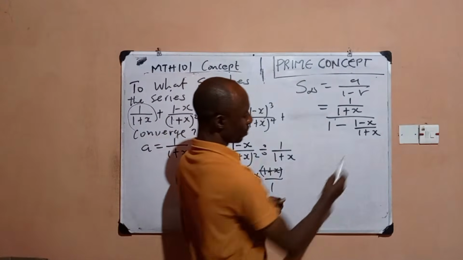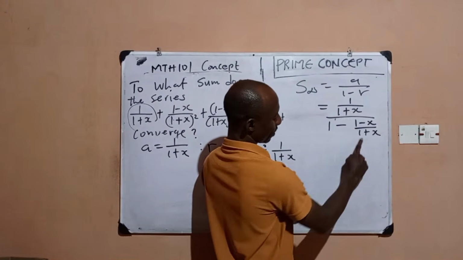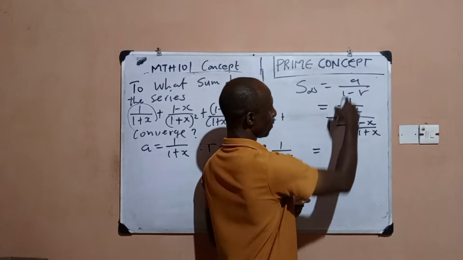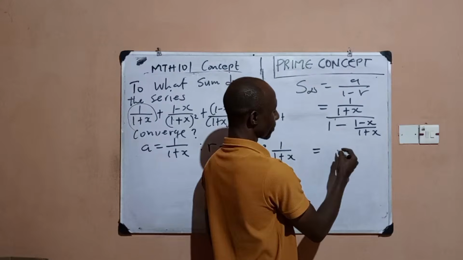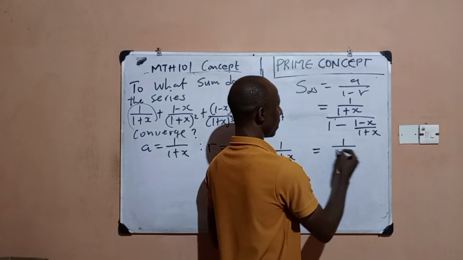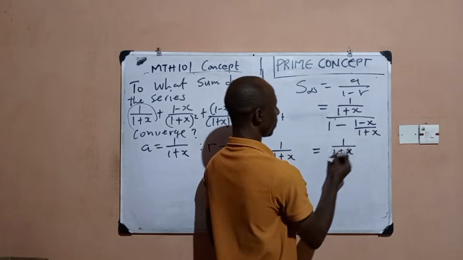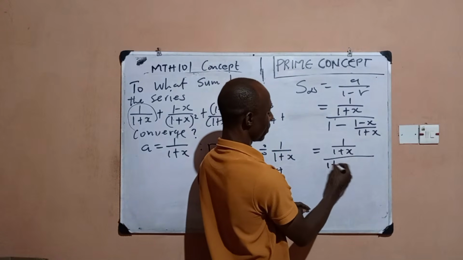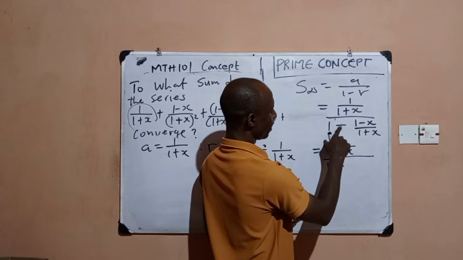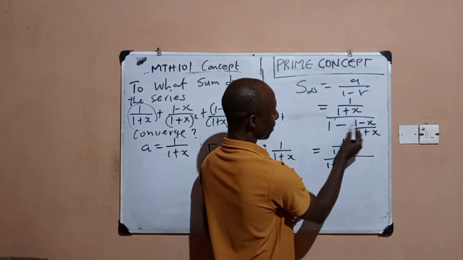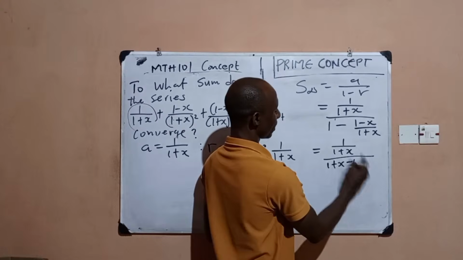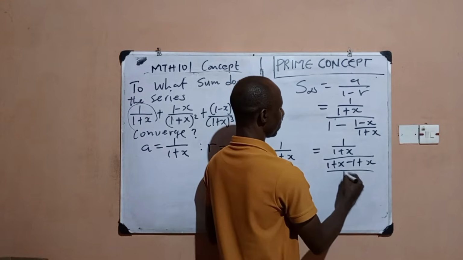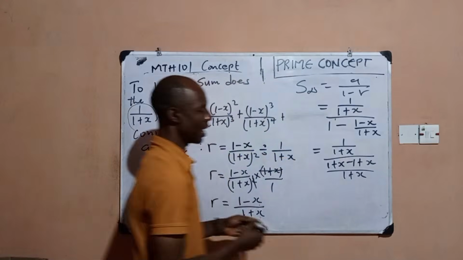Let me start from the numerator, 1 over 1 plus x. All over, now 1 plus x times 1 is 1 plus x. Then this minus will affect this. Minus times this is minus 1. Minus times this is plus x. All over the denominator, 1 plus x. So that is what I have.